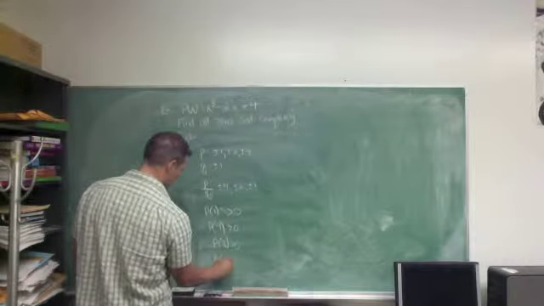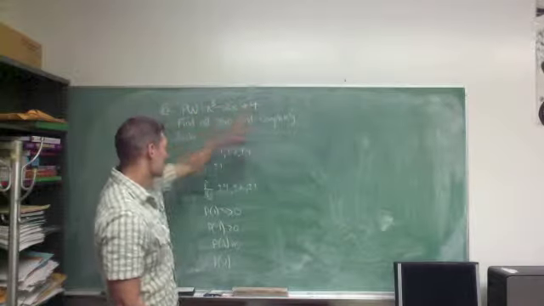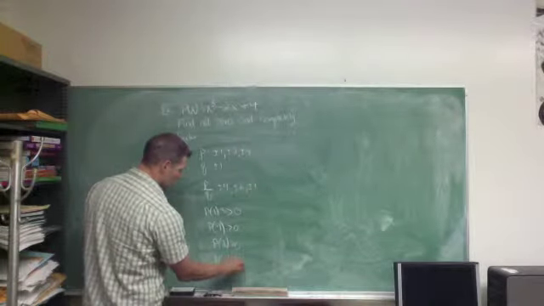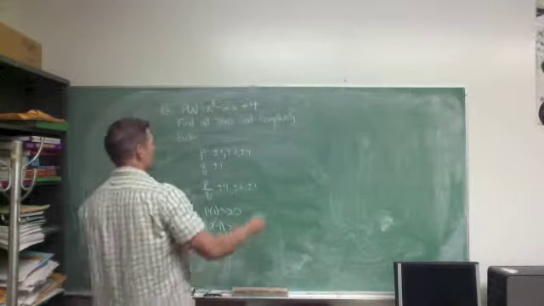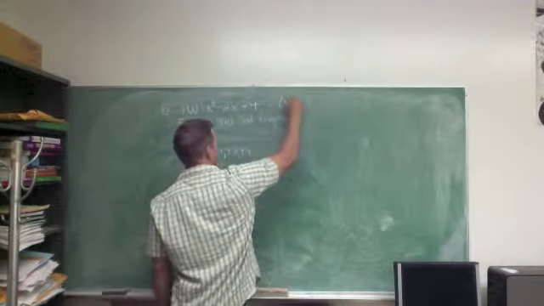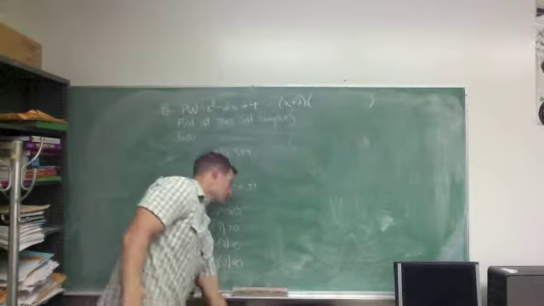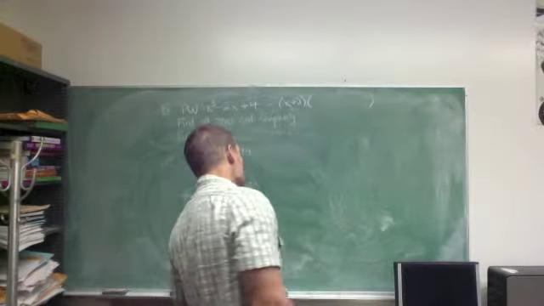And we want negative 2, I think negative 2 might work. I get negative 8, positive 4, and positive 4, so this equals 0. So we know negative 2 is a zero, therefore we know we can factor this as x plus 2 times something. Okay? So the question is, what's that something?